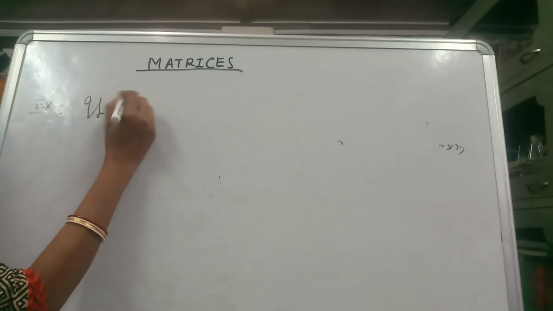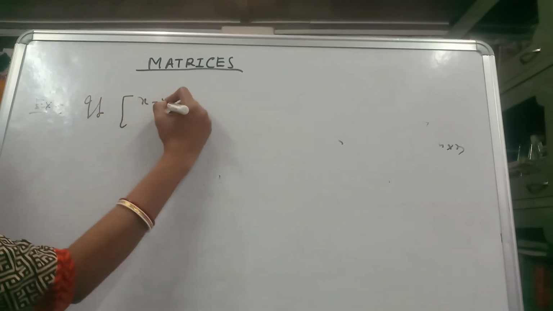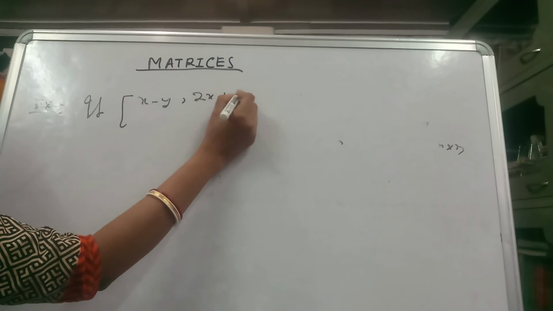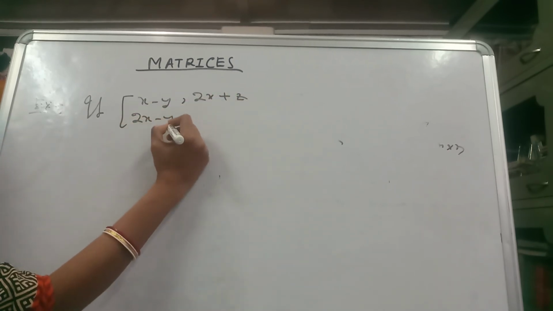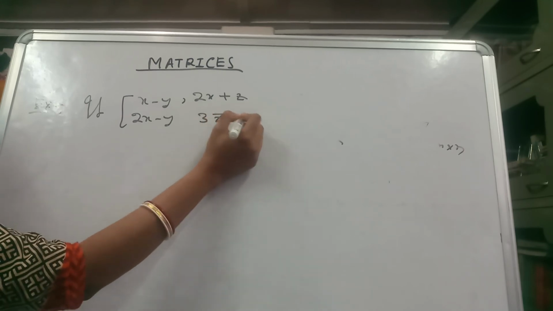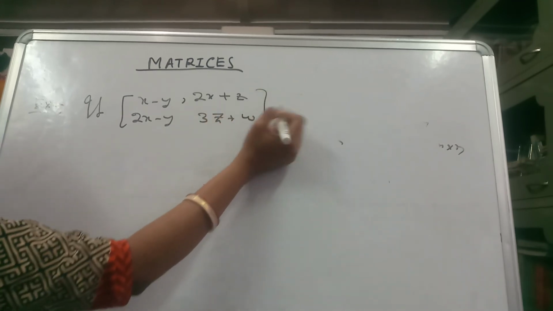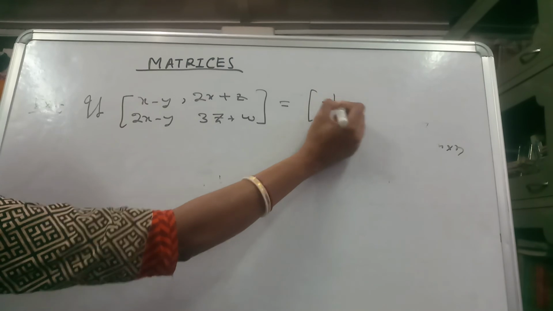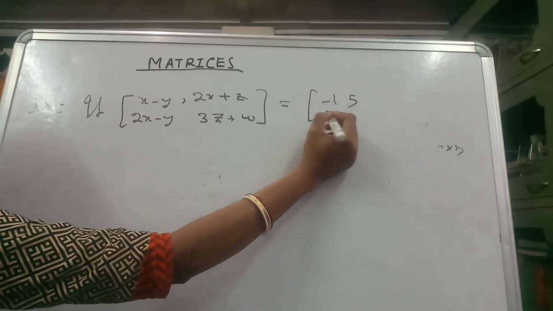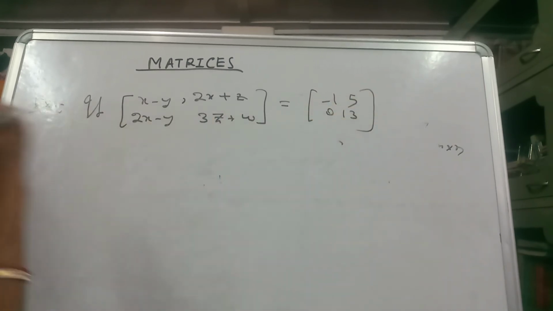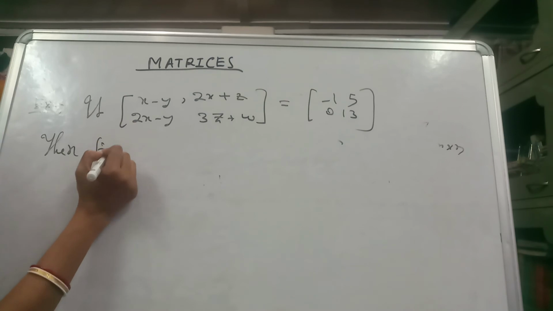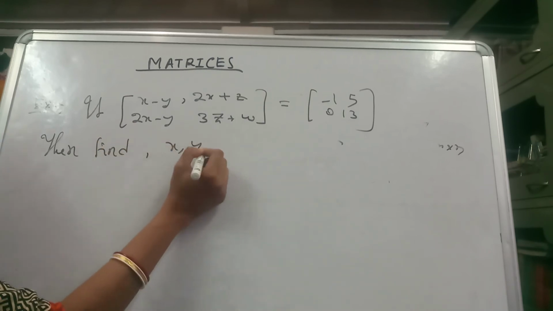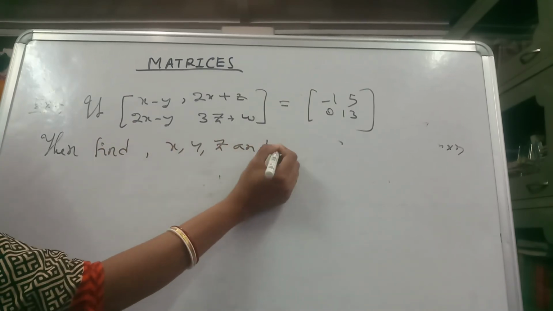If the matrix [x minus y, 2x plus z; 2x minus y, 3z plus w] equal to [minus 1, 5; 0, 13], then find x, y, z and w.